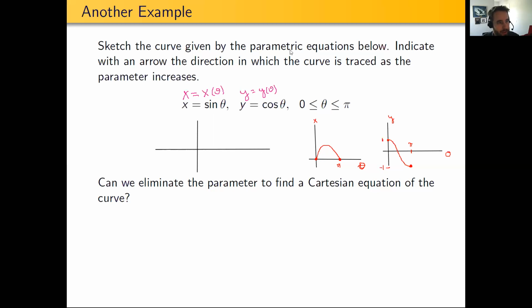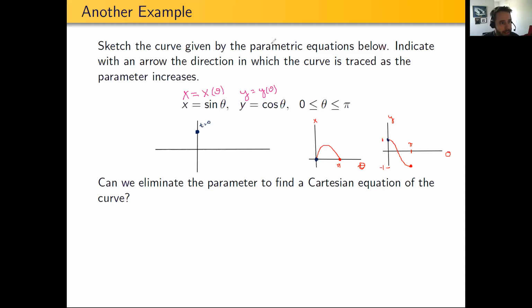And let's make some notes. So at time 0, I've got my x coordinate is equal to 0, and my y coordinate is equal to 1. That means that at time 0, I'm floating up here.